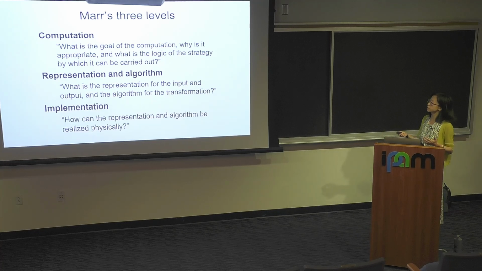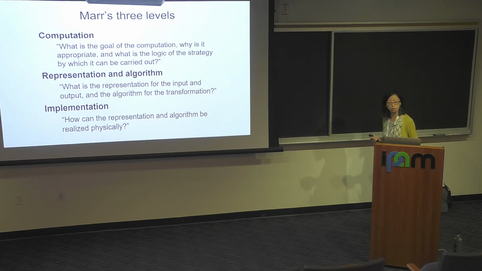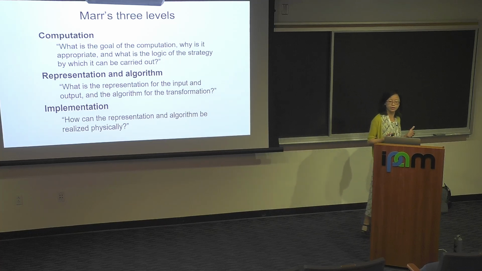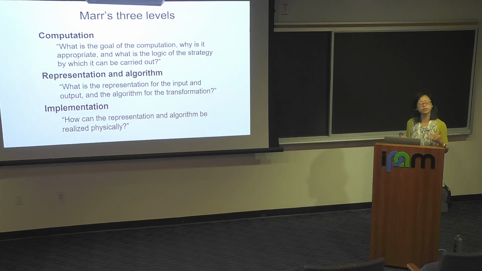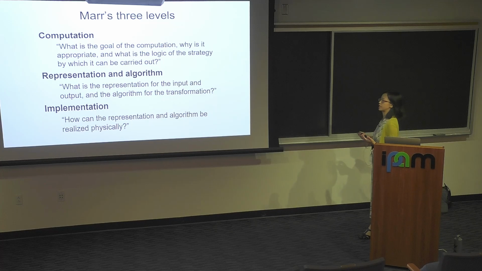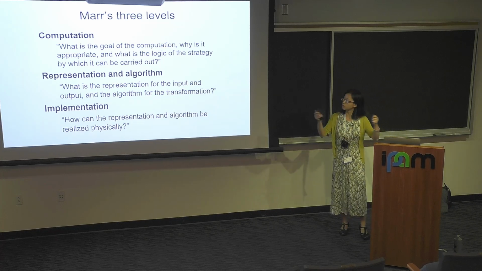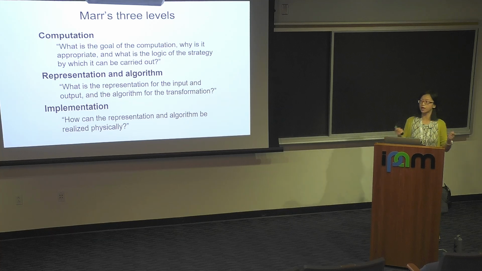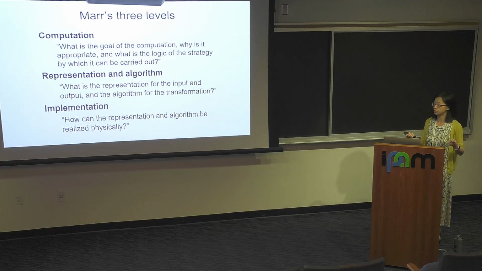At the computational level, we want to answer the question: what's the goal of the computation, why is it a proper computation, and what's the logic and the strategy we can carry out for this computation. In the representation and algorithm level, that's more focused on how to represent the input and output, and how to form the algorithm for the transformation from the input to the output.